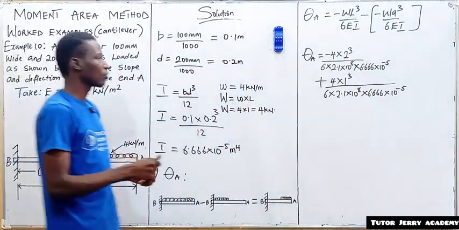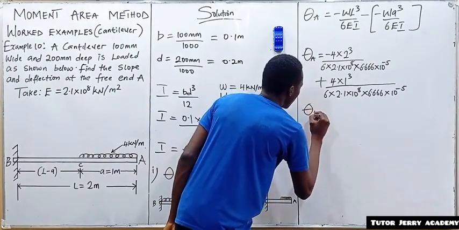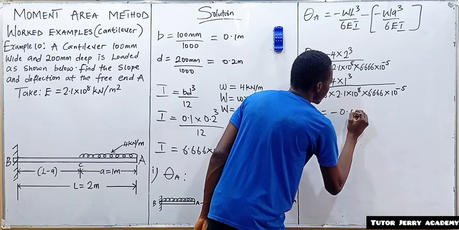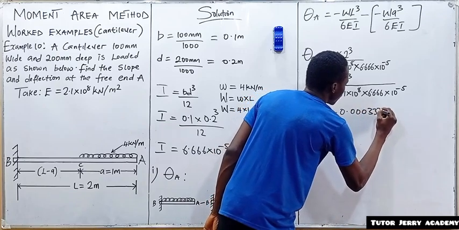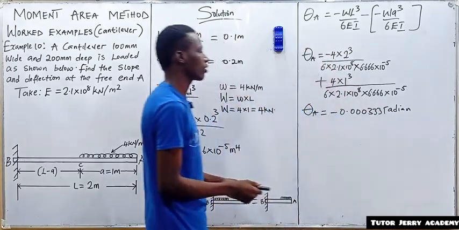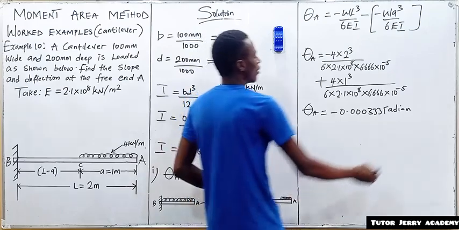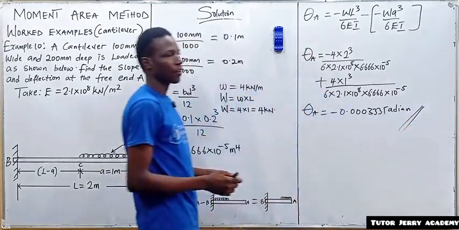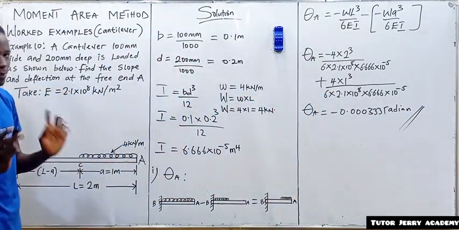So theta A will be equal to minus 0.000333 radian. This is what we have as our slope at A. So it is not difficult, like I explained earlier.